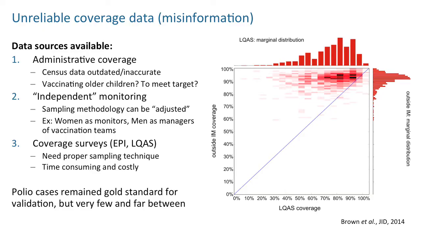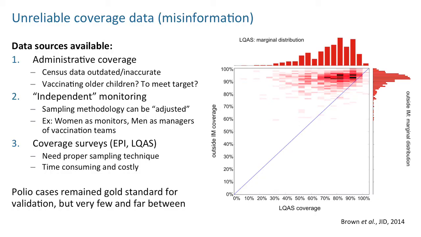So in order to essentially find underperformance, you needed a good measure of coverage data. And in a program like this for vaccination, you may have measures of administrative coverage where you have an idea of how many vaccines you use per area. You may have maybe some independent monitoring. The polio program had a way to essentially sample vaccination coverage that was meant to be easy and targeted towards these highest risk areas.